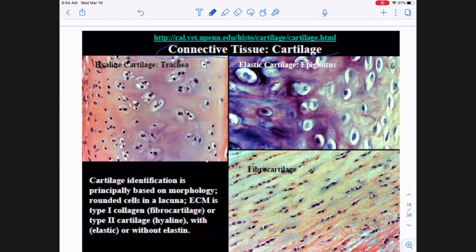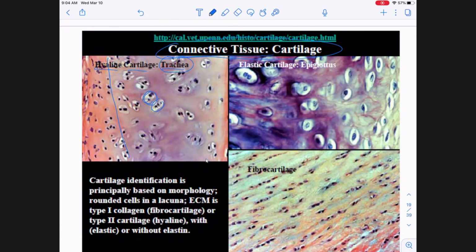Look, this one is a connective tissue with cartilage. This one is hyaline cartilage, like in the bronchial structure, the trachea. There are some lacunae structures, with a few cartilage cells or chondrocytes inside.